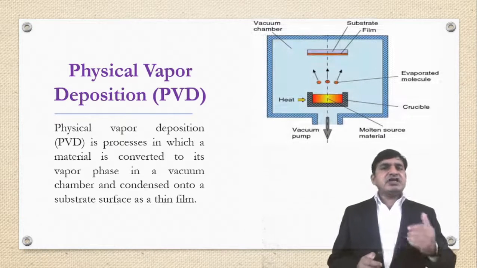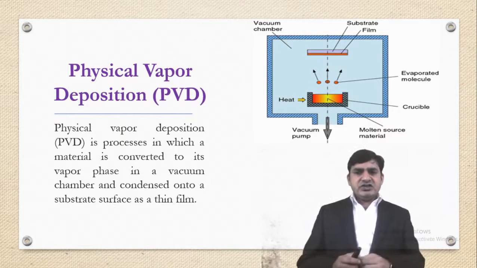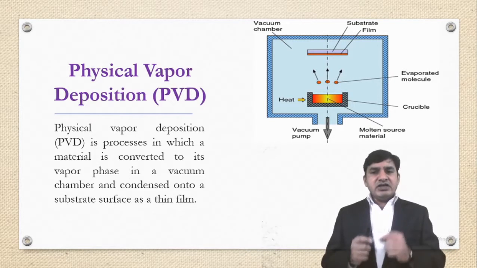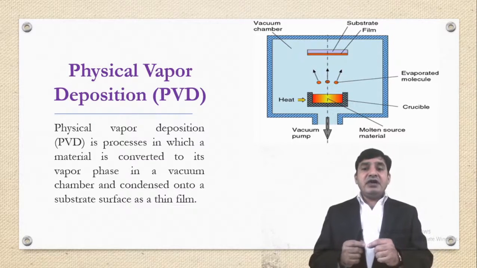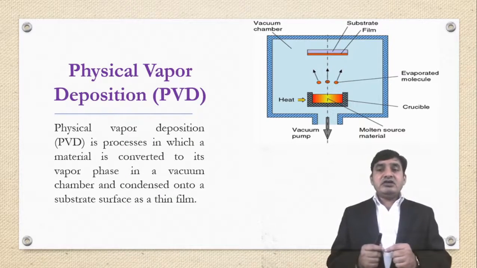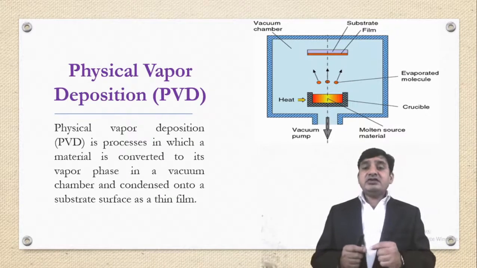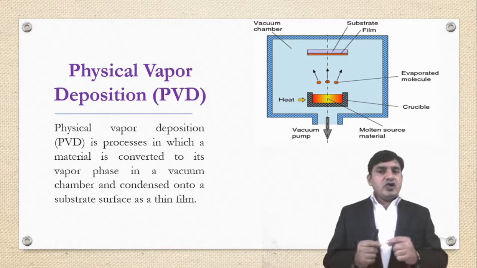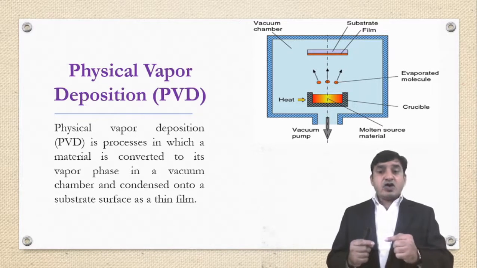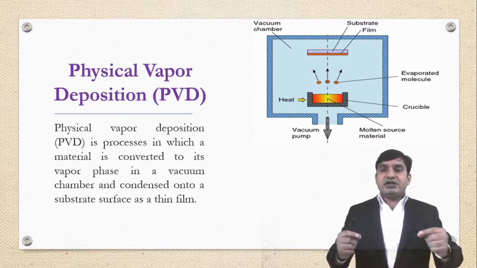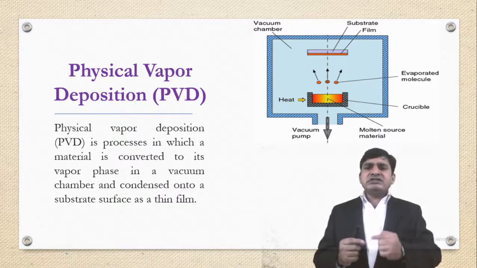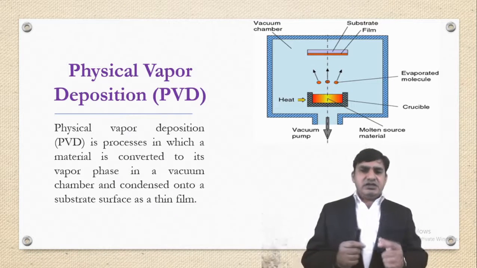This is a diagram which shows there is a material. The material can be placed in a crucible, it can be placed in a boat, or we can use a rod of a material, or a spiral spring of a material.